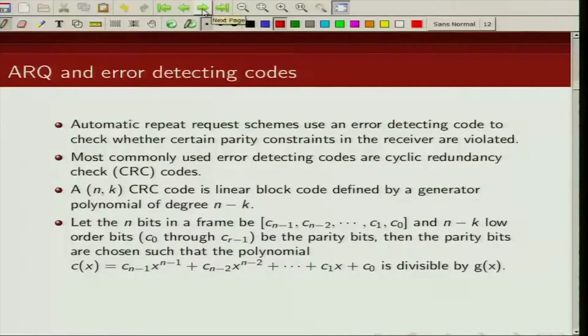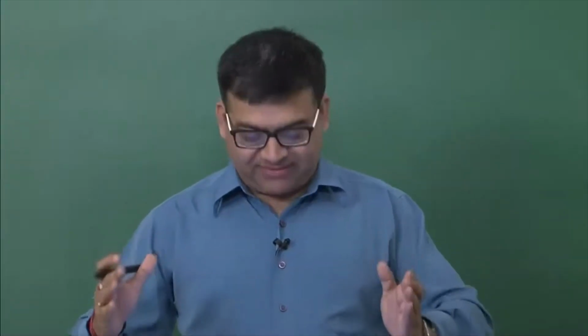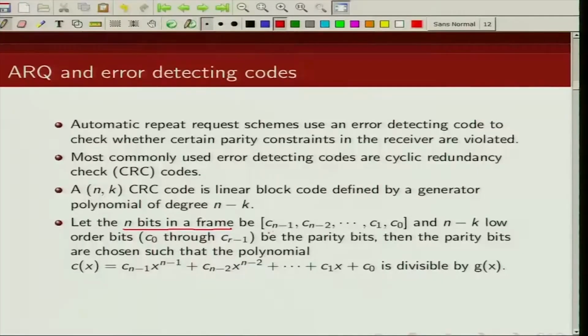So let there be n bits in a frame. We are going to use the words packet and frame interchangeably. Essentially we are sending a block of n bits. Let us denote the block of n bits by C_{n-1}, C_{n-2}, C_{n-3}, ..., C_1, C_0.